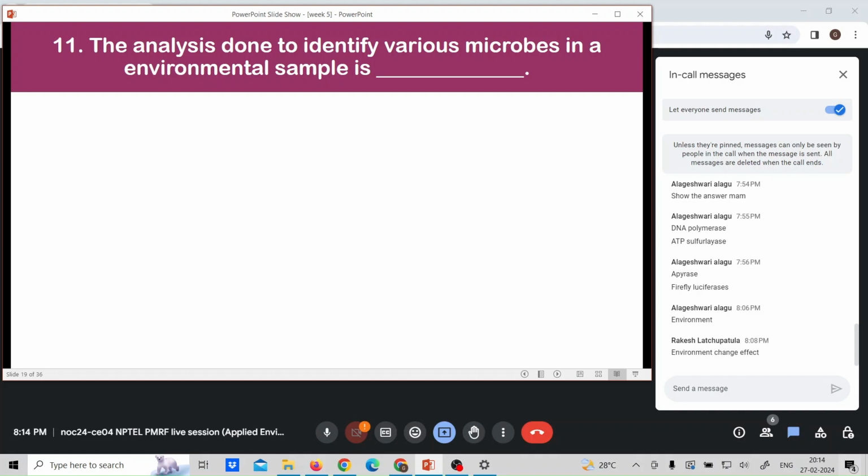This technique is a very important technique when you're going to learn about environmental microbiology. Do you have any idea what that technique is, what that analysis is? The study of whole microorganisms in a given sample, to make it very simple.